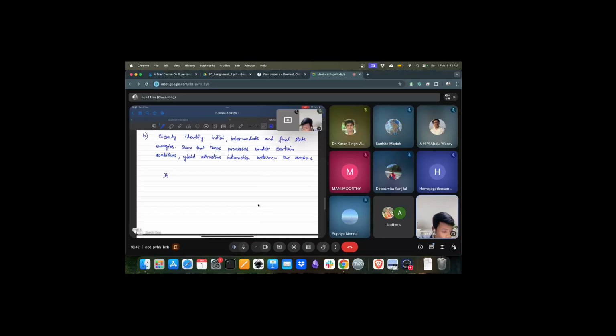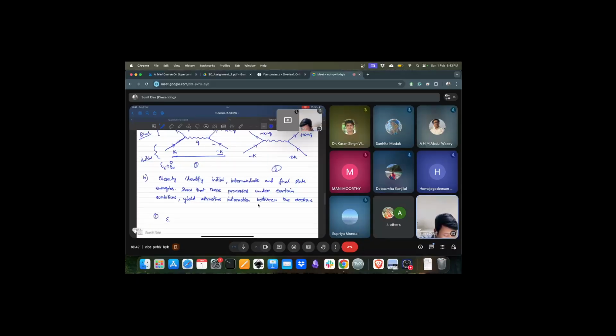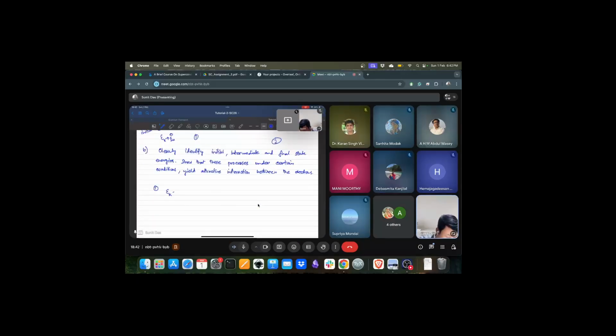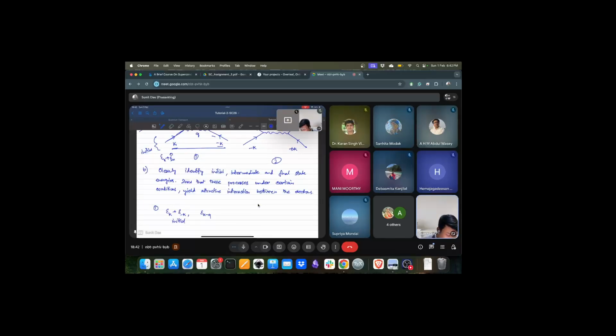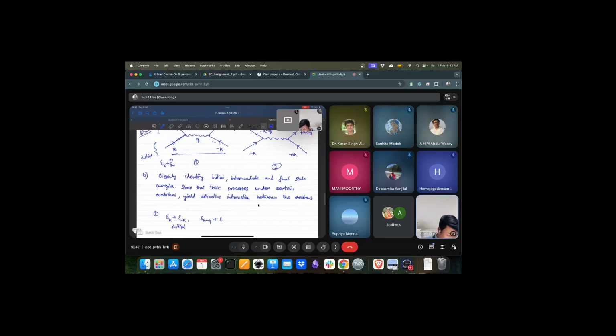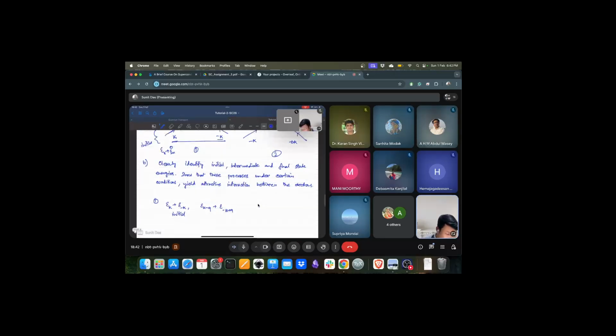but before that, let me write the initial, intermediate and final state energies. The initial state energy will be, for case 1, epsilon of k plus epsilon of minus k. And then the final state energy will be epsilon of k minus q plus epsilon of minus k plus q.